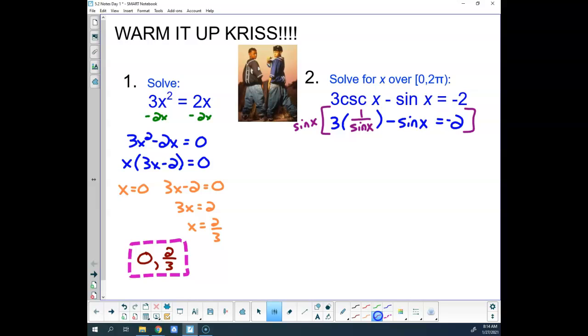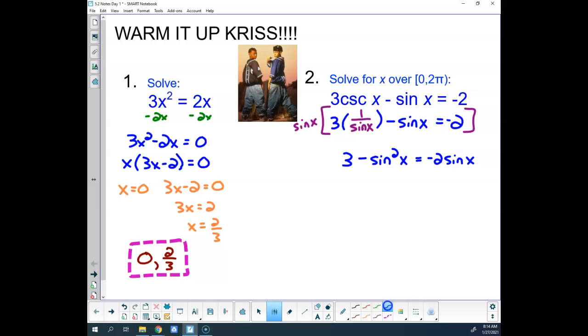3 times sine of x divided by sine of x is just 3. Sine of x times negative sine of x is minus sine squared of x. And negative 2 times sine of x is negative 2 sine of x. Then we got to get it equal to 0 because we still have two different trigonometric functions.